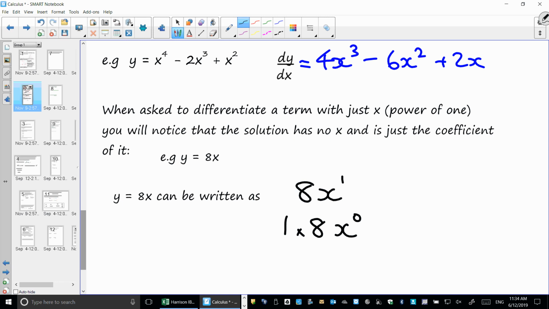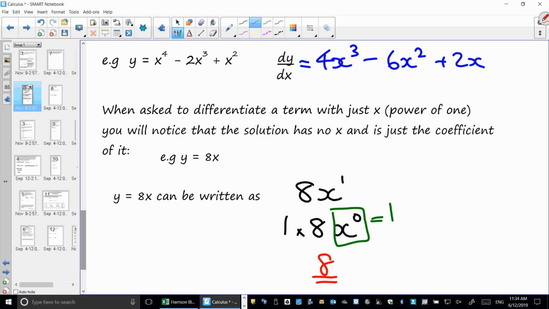Well, what's 1 take away 1? 0. And then what do we know about anything to the power 0? It's not 0, it's 1. And so this now becomes just 8. And that's going to happen for anything where there's just an x. So if the x has a power, just follow the rules as normal.